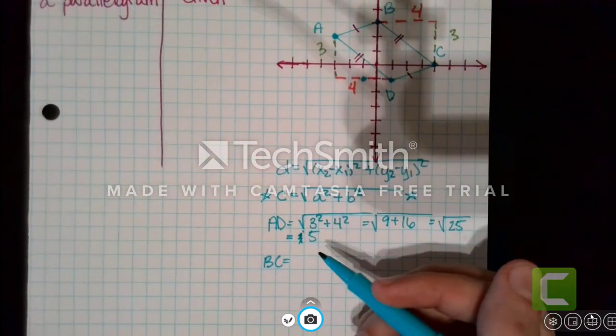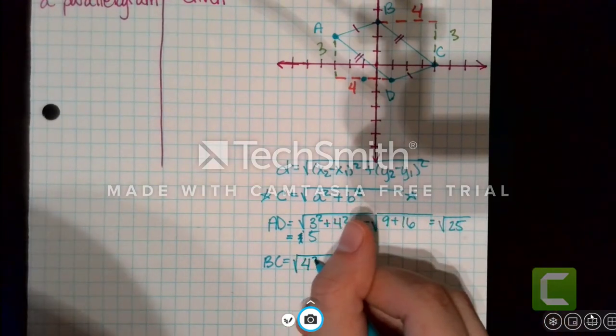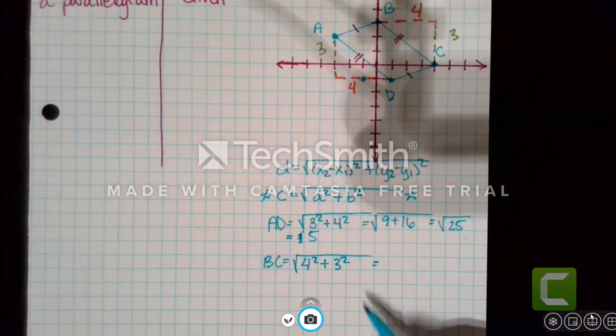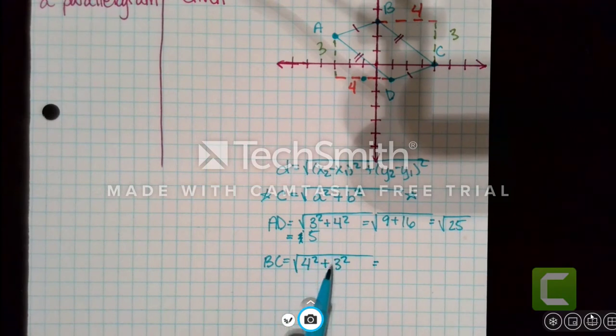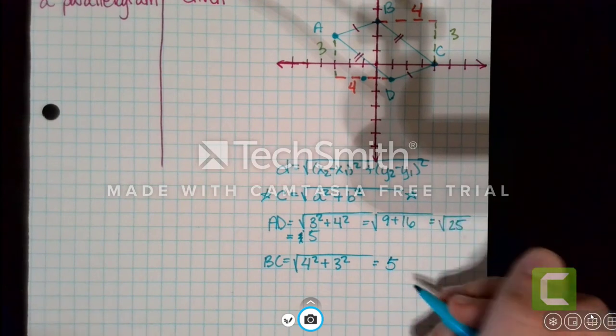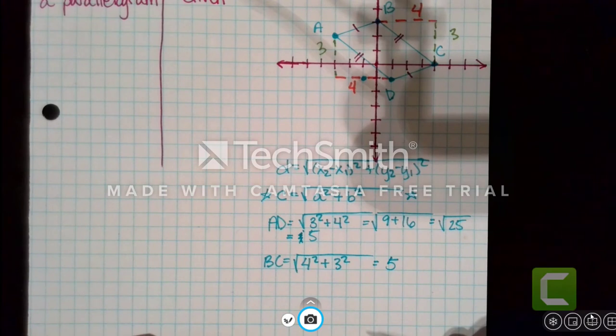So write it out still, where our base is 4 squared plus our height of 3 squared. But since our numbers are equal to each other, we don't need to do the full math for this. We already know that these two will both end up equaling 5. So in this case, we could say that AD is definitely equal to BC.